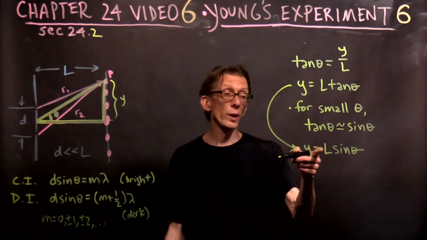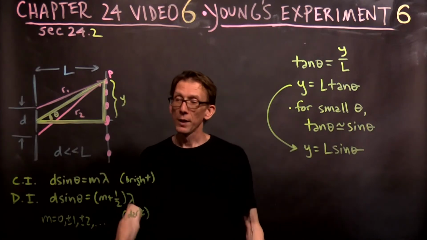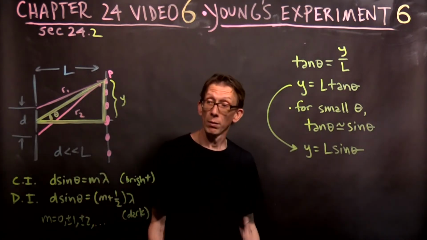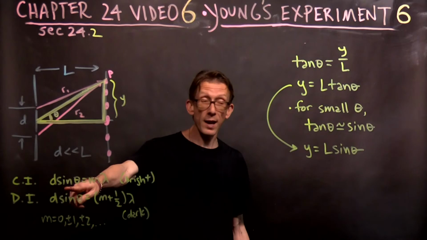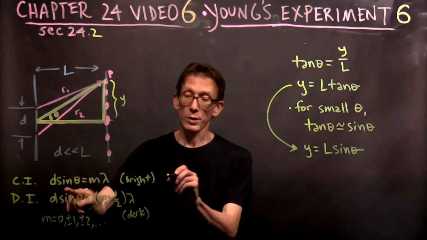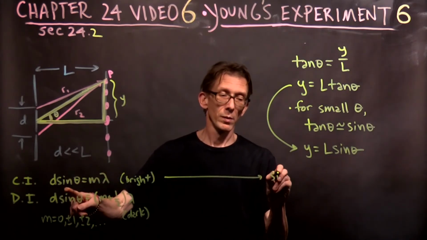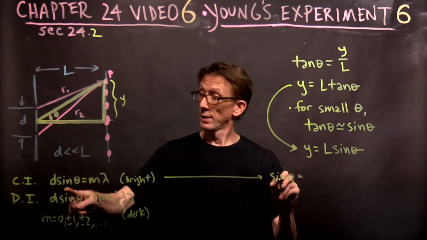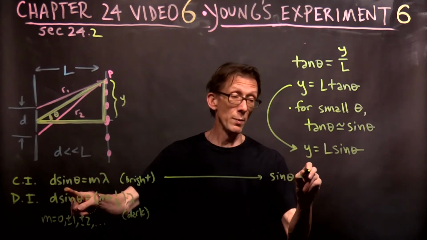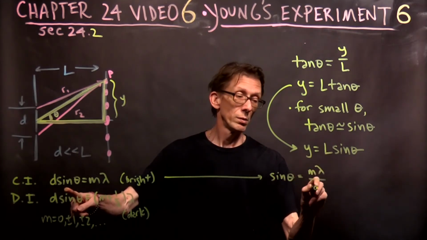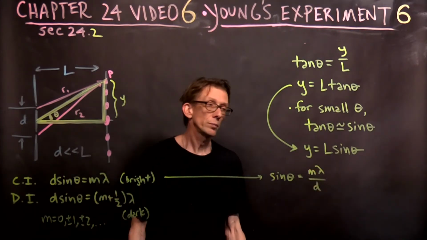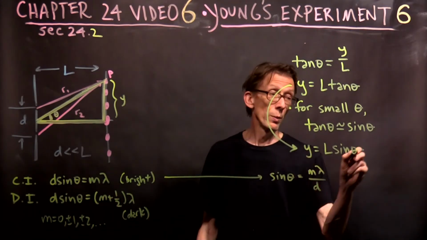Okay, but if y is equal to L sine theta, then we can make a condition. We can solve this for sine theta. I bring this over. Sine theta is m lambda over d. So we can put these two together.